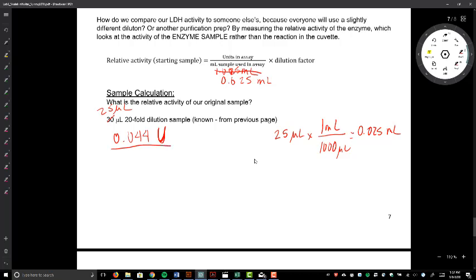So we divide by 0.025 milliliters, and then we multiply by the dilution factor, which is 20. Take a minute and calculate this.